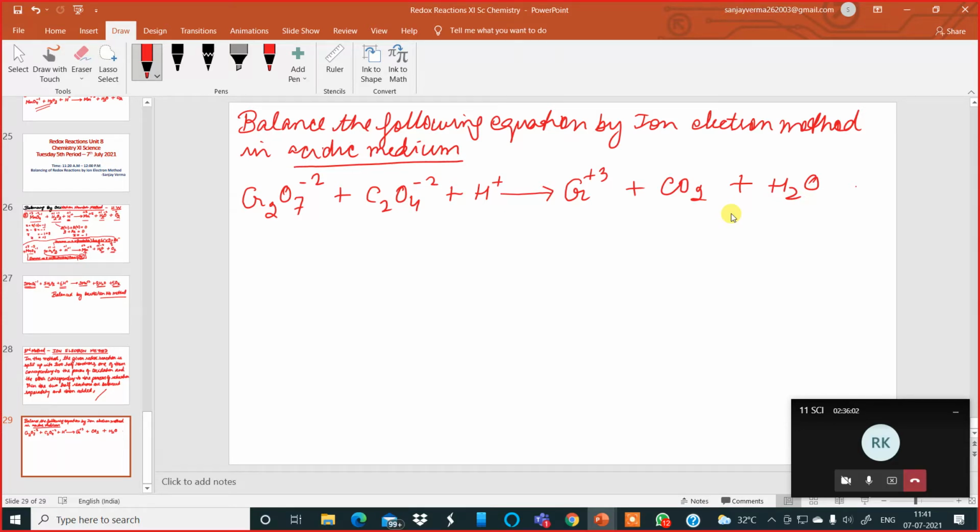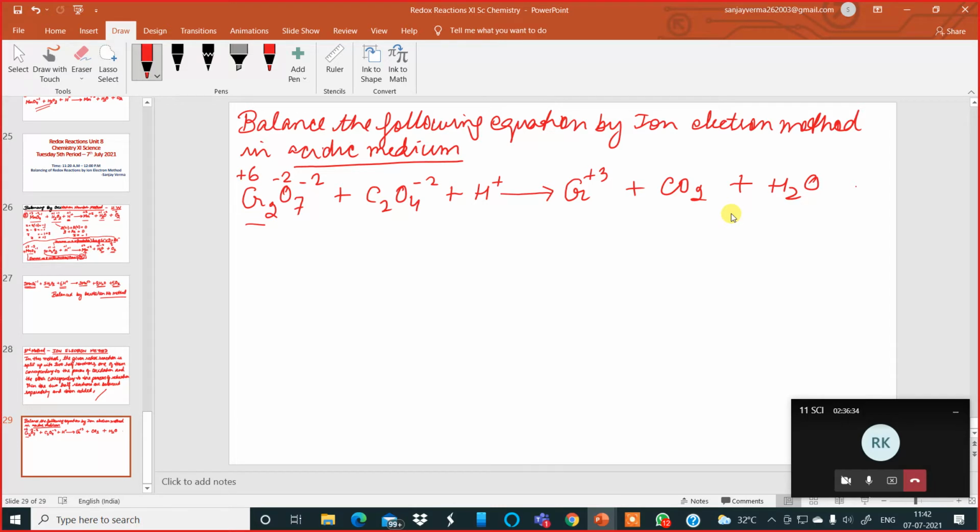As I have already told you, to solve this we are supposed to write down the oxidation number of all the atoms above their symbols in the reaction. Oxidation number of chromium, let's do mentally. Oxygen is minus 2, so 7 twos are 14, minus 14, take it that side, minus 12, divided by 2 is 6, so it is coming to plus 6.